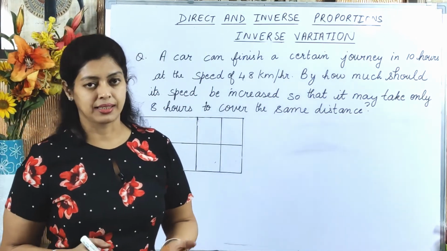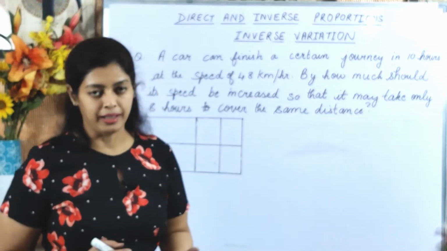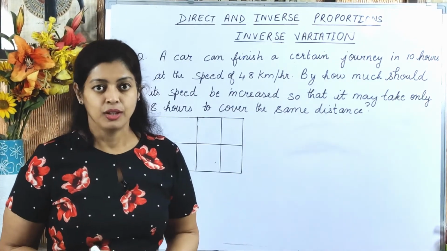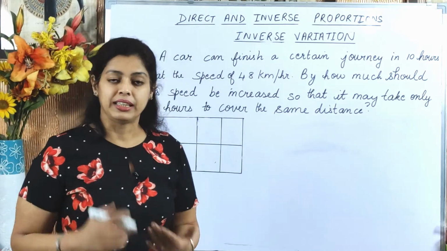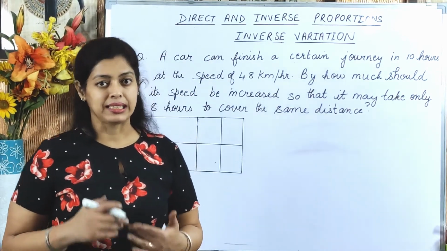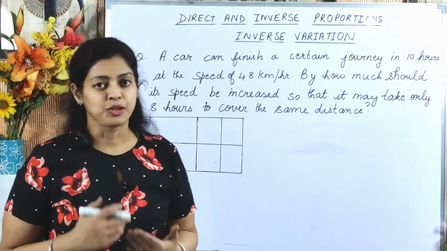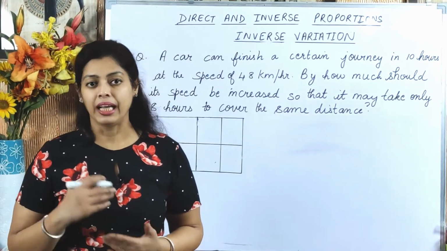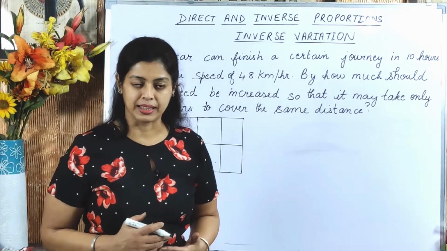Now they're asking us, what will be the increased speed if the car is taking only 8 hours to reach the same distance? So obviously, if the time taken to reach the same place is less, the speed has to be increased. That is, time decreases, speed will increase to cover the same distance.